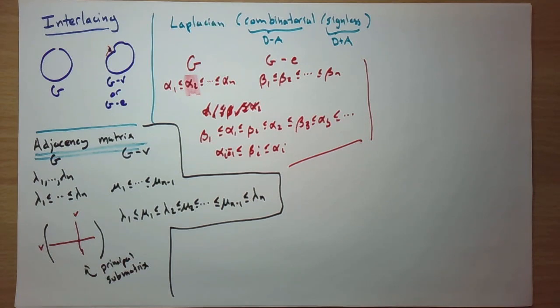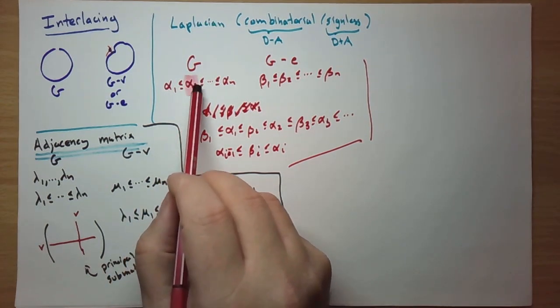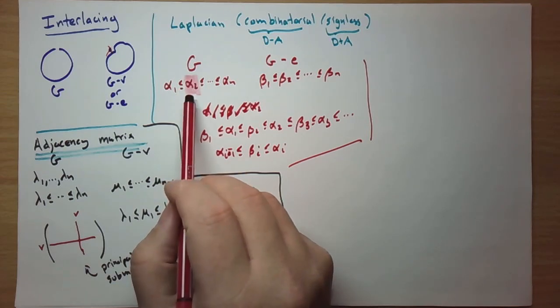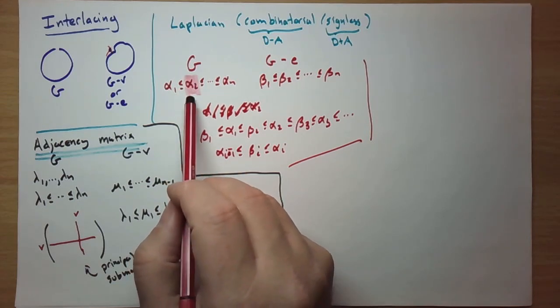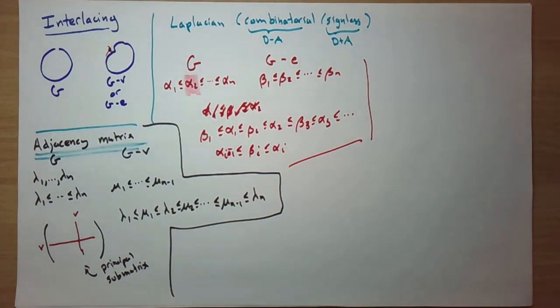So every time you add an edge, that eigenvalue should go up. And it's measuring how connected you are. Roughly speaking, a small value of alpha 2, poorly connected. A large value of alpha 2, well connected. And that's just an intuitive idea.